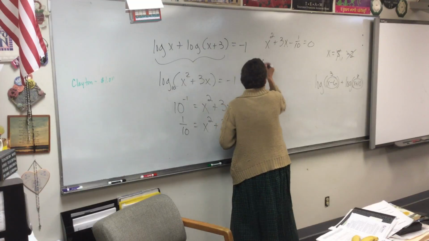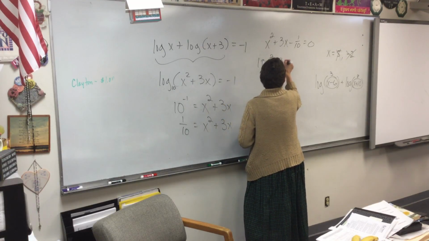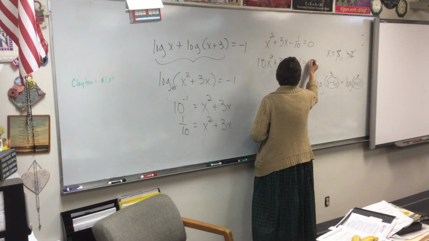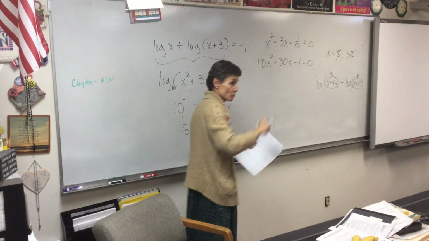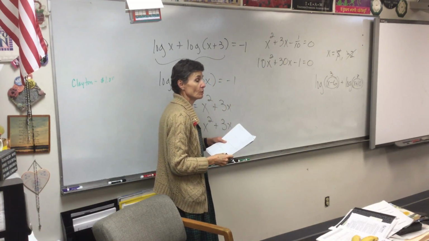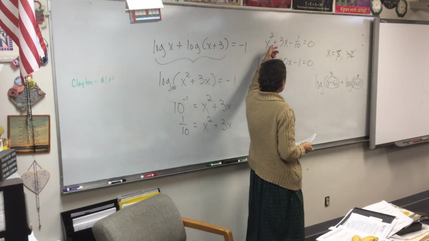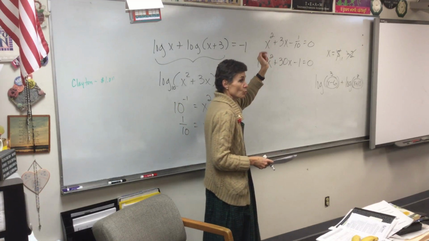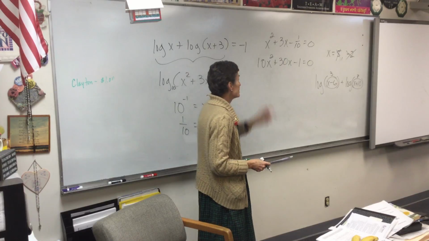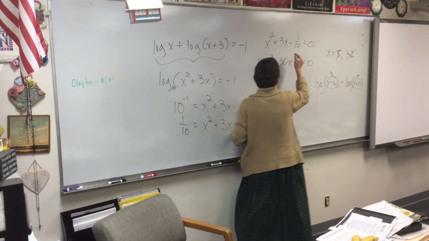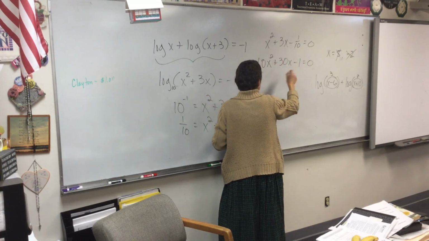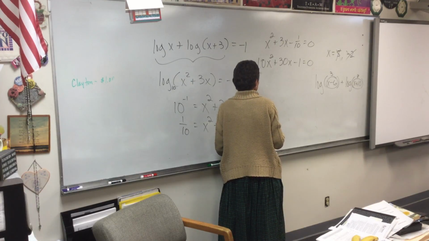There's nothing wrong with that. You can do it at any point. If you leave it like this, though, you're going to have to be dealing with the square roots of some fractions. So it might be easier to go ahead and times everything by 10 to get rid of the fraction.